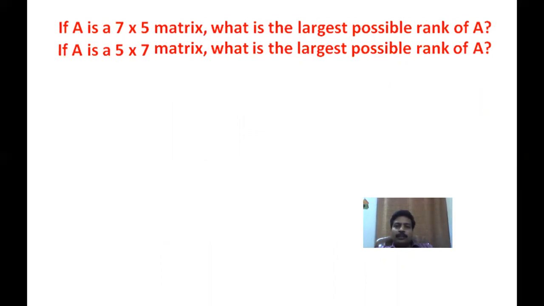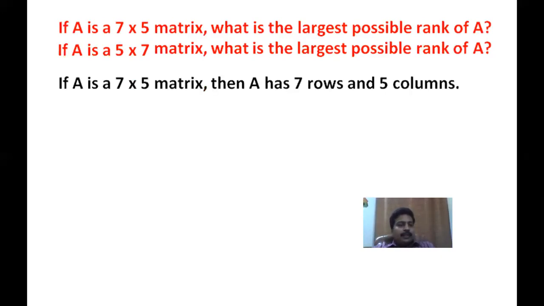So what will happen if the rows and columns are transposed? So if A is a 7 by 5 matrix, then A has 7 rows and 5 columns.